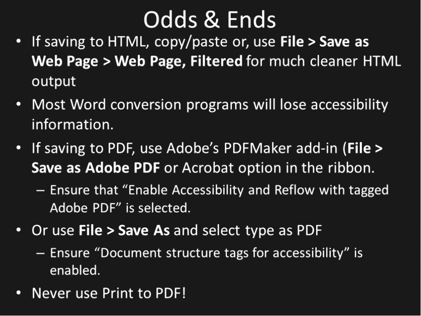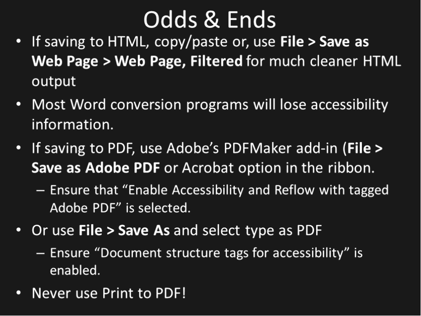A couple other odds and ends. If you're saving that Word document to HTML, there are a couple options. One is that you can simply copy and paste the text into some other, say, HTML editor, and then add back in the things like headings and alternative text. That can be an awful lot of work to do.